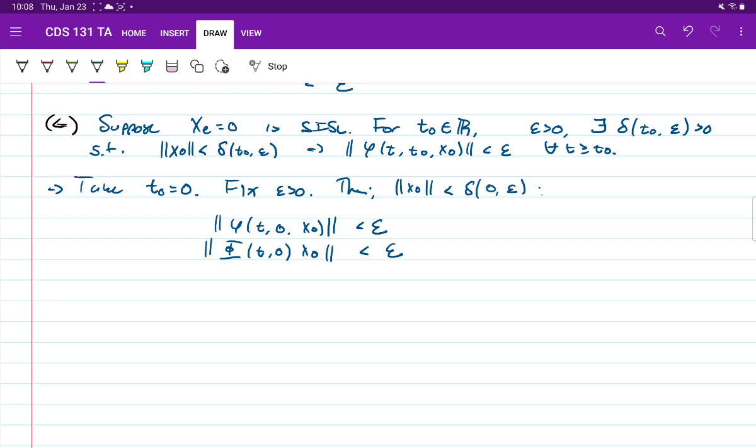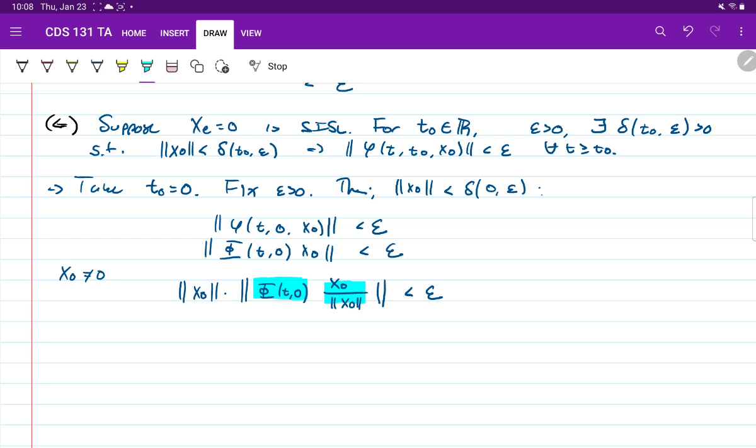So assuming x naught is non-zero, I can rewrite this left-hand side as norm of x naught multiplied by phi of t comma 0 times x naught over norm of x naught, less than epsilon. So now what we have inside here is phi multiplied by a unit vector.